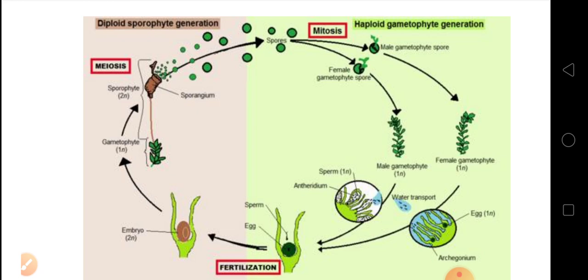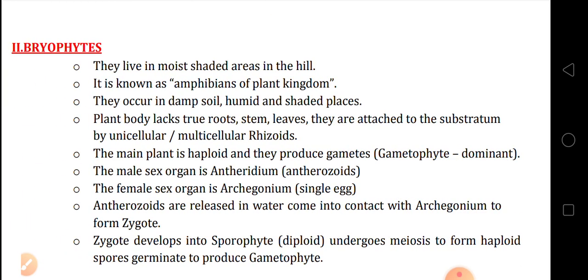So today we will cover the bryophytes. You can see on your screen. Bryophytes live in moist, shaded areas in the hills. They are known as amphibians of the plant kingdom. Why?